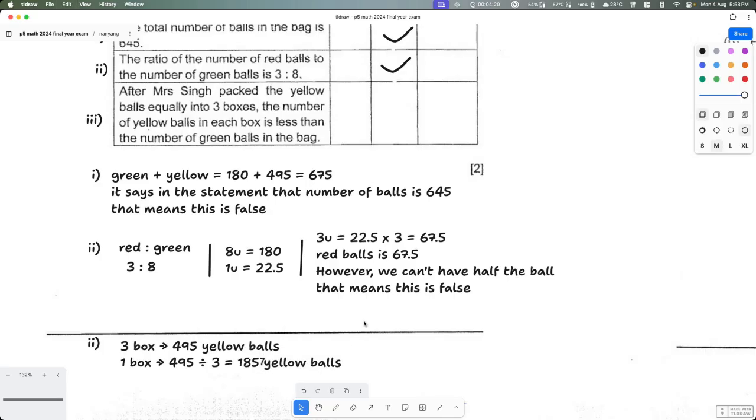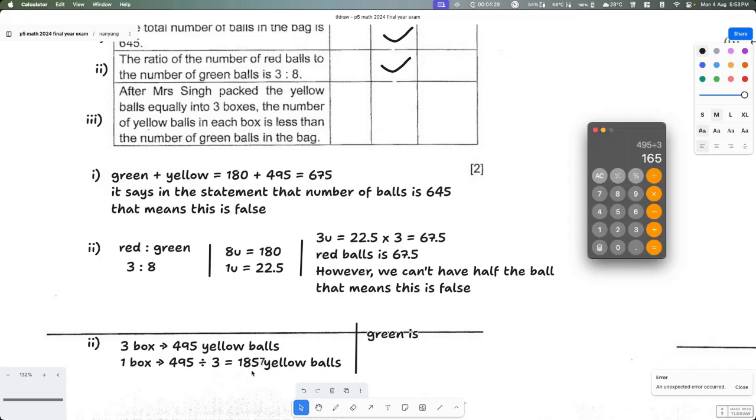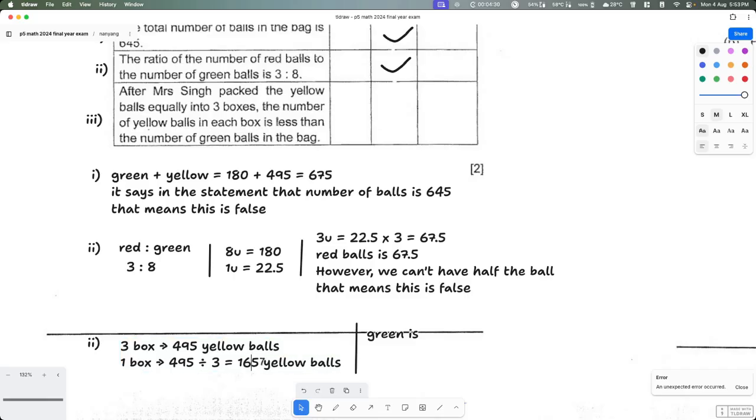Over here we know that the green is 180. Green is 185 or 165, sorry, 165. So green is equal to 180. That means yellow is less than green.